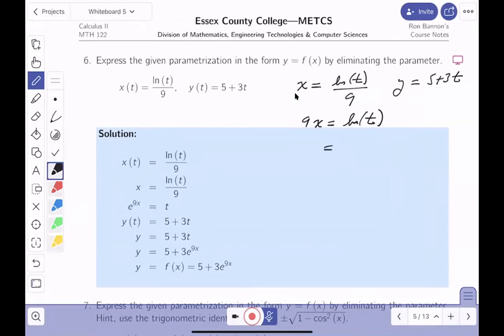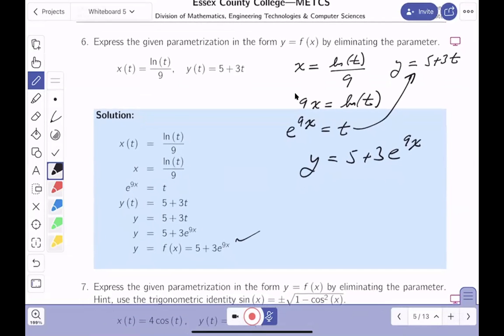And then I'm going to write down t, and this may seem strange to you, is e to the 9x. I'm going to take this and substitute over here. What do you get? Y equals 5 plus 3 e to the 9x. All right. So let's take a look, see if we got that. And we did. Wasn't so bad.